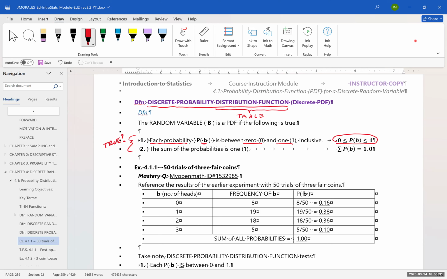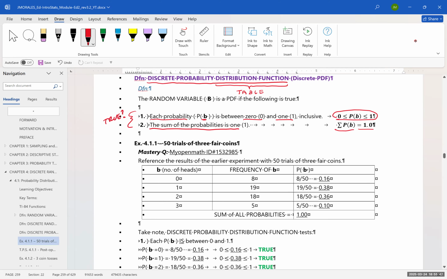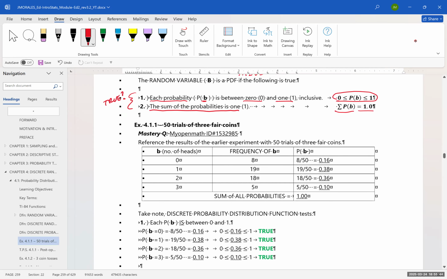And the second condition is that the sum of the probabilities has to add up to 1. So the sum of all the probabilities has to be equal to 1. And that's basically it.